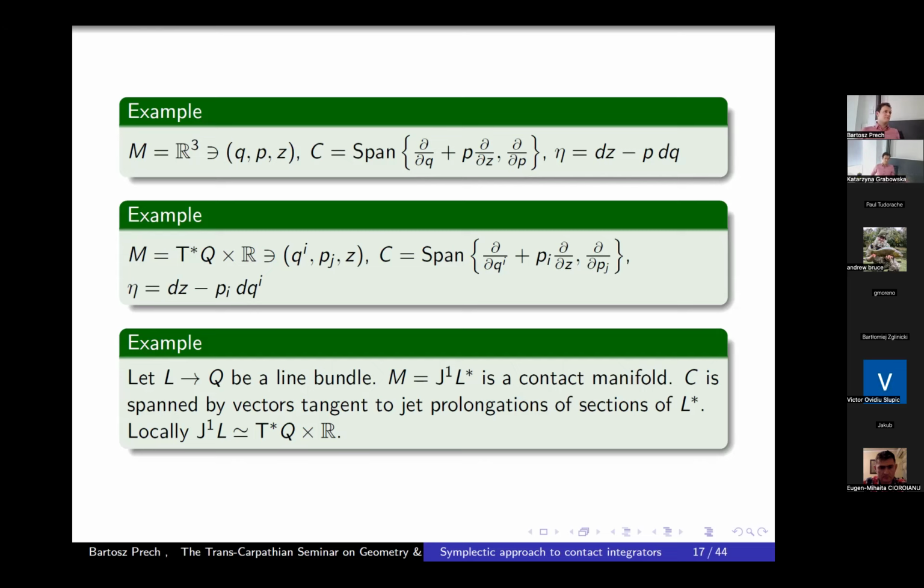And similarly, the contact distribution would be spanned by jet prolongations of sections. Locally it is isomorphic to the second example, but globally there may be some differences topologically.